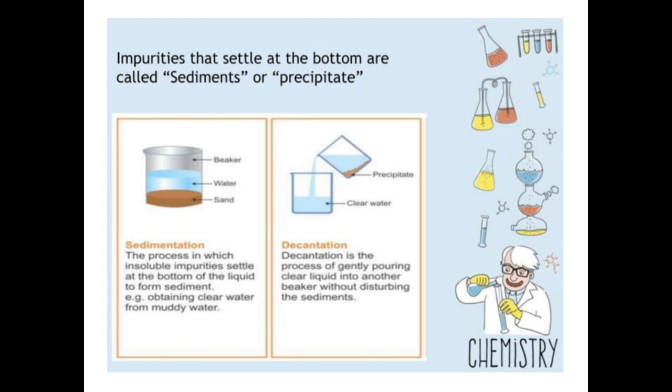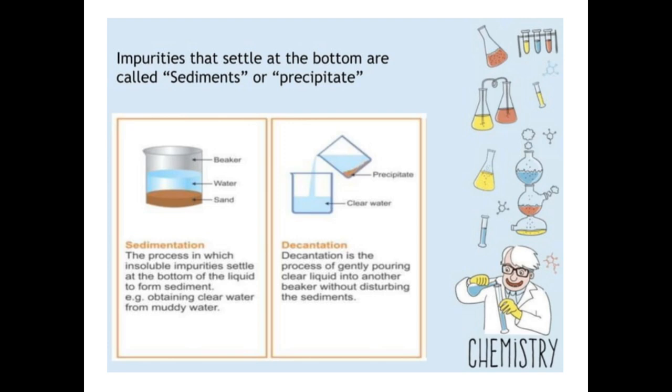Sedimentation is the process in which insoluble impurities settle at the bottom of the liquid to form sediments. An example is obtaining clear water from muddy water. In another aspect, decantation is the process of gently pouring clear liquid into another beaker without disturbing the sediments.